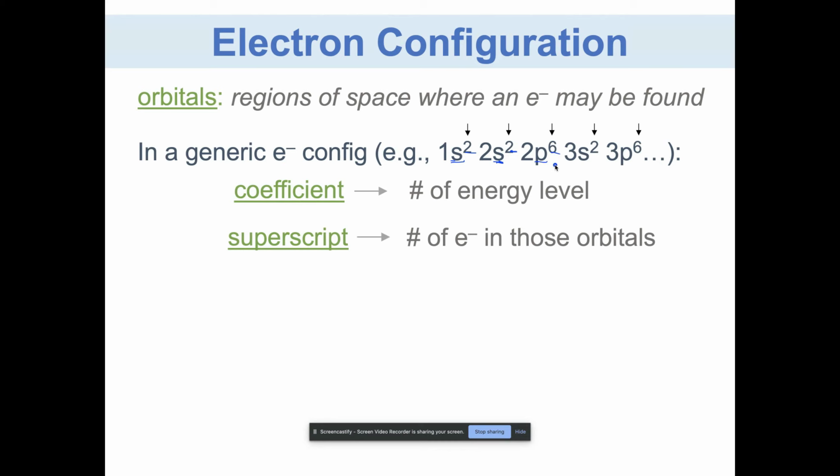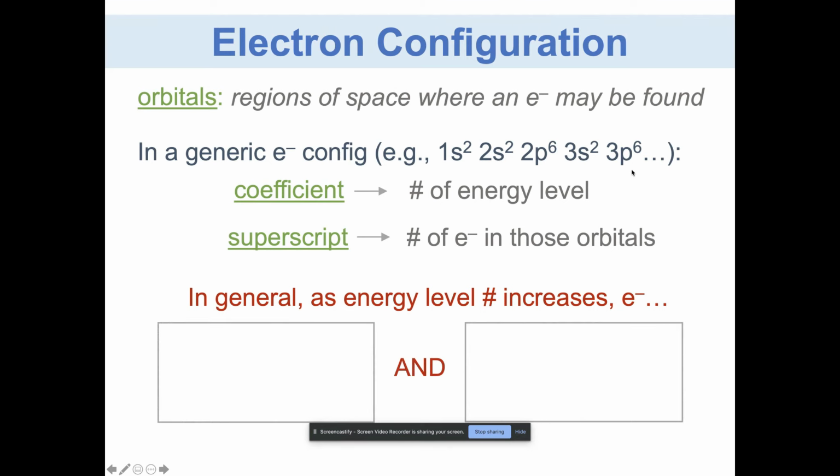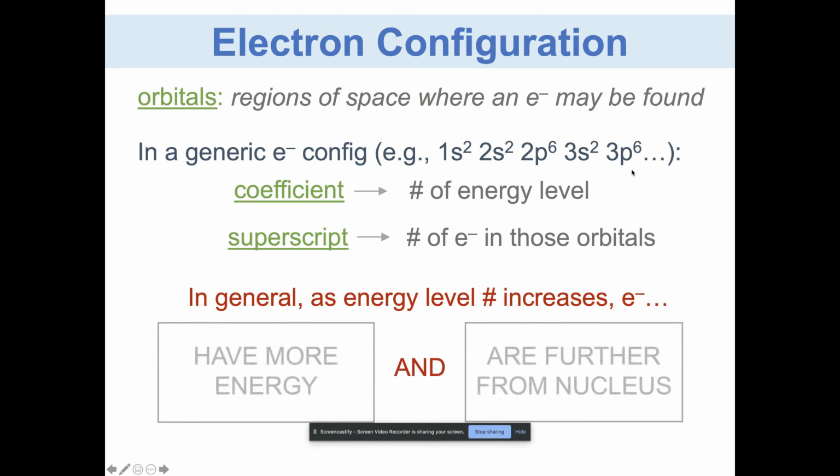And so as we're filling in around the nucleus and we want to know where these electrons reside, we need to remind ourselves how many an s and a p and a d and an f can hold. And again, one last time, and I know I've gone through this a lot, but it's important to remember that as your energy level increases, so again, as these coefficients out front increase, those electrons have more energy and are further from the nucleus.